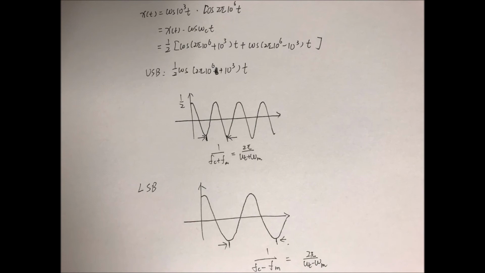Lower sideband still has the same amplitude, but the frequency is Fc minus Fm. So I'm still going to have a sinusoid signal, but the frequency is lower compared with the upper sideband or your carrier frequency.